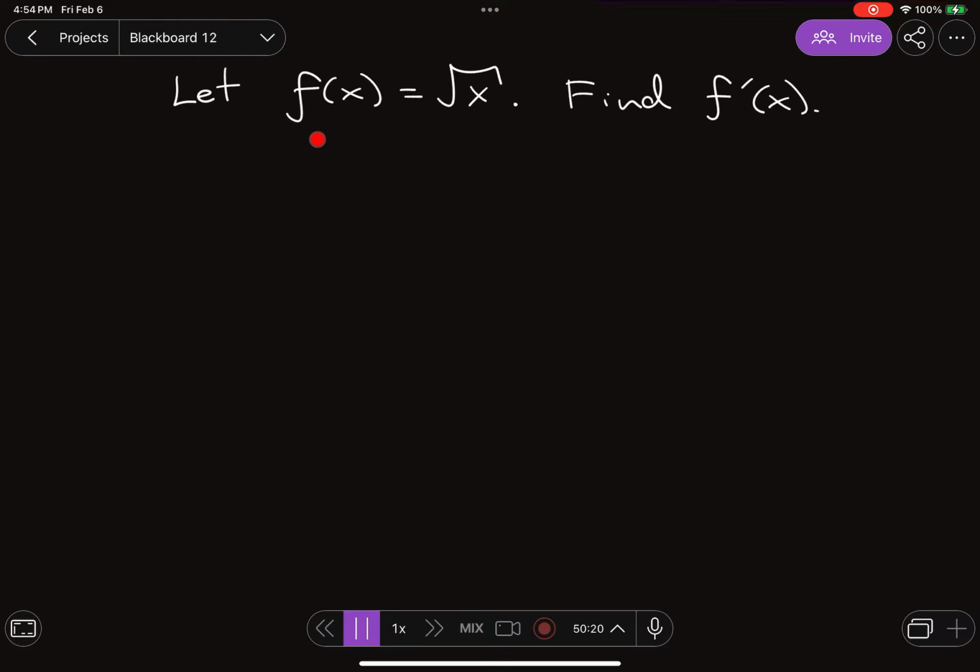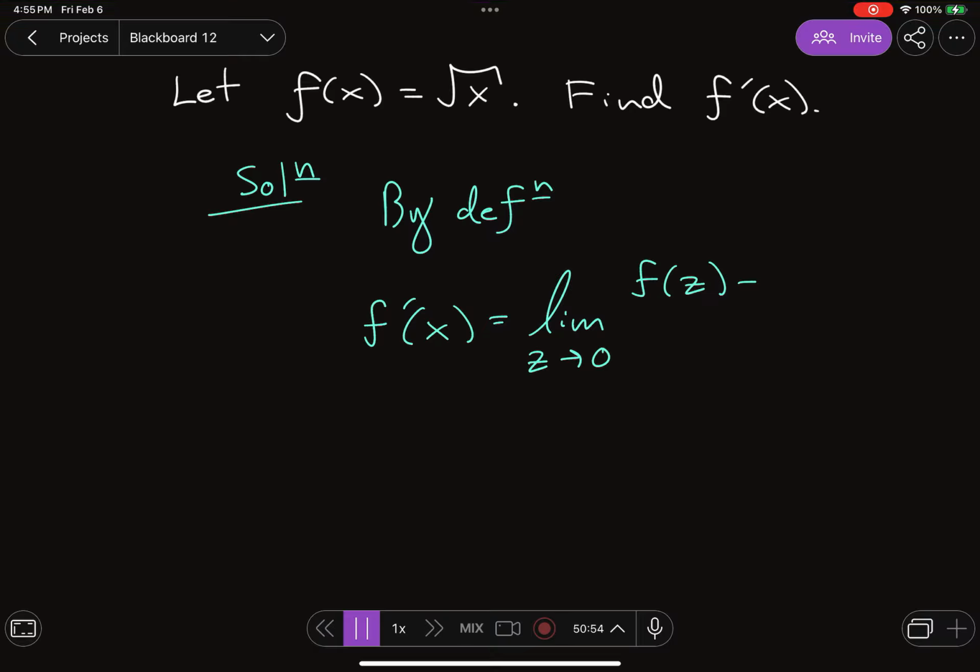Here's my solution. It's just the definition, you guys. And we're going to notice that it's something we've seen before. I'm going to use the other definition of the derivative. By definition, f prime of x is equal to the limit as z approaches 0 of f of z, I messed up.